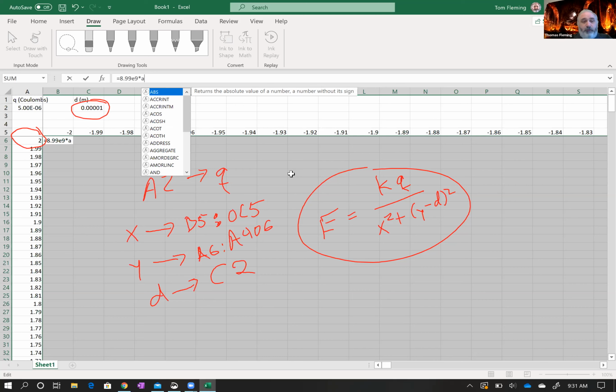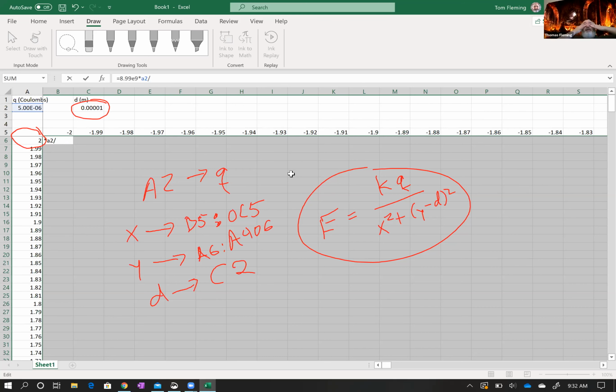divided by, now here's where I run into a problem. I've got complicated stuff in the denominator of a fraction. And if I just do x squared plus, Excel is going to see that plus and use order of operations, and it's going to do that last. So it would take KQ, divide it by x squared, get a number, and then it would add y plus d squared to my answer, which is not what I want.